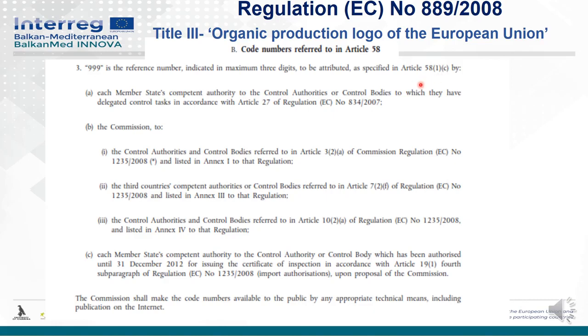The most common case is when it is dedicated to a certification body. So each member state's competent authority to the control authorities or control bodies to which they have delegated control tasks in accordance with other articles.